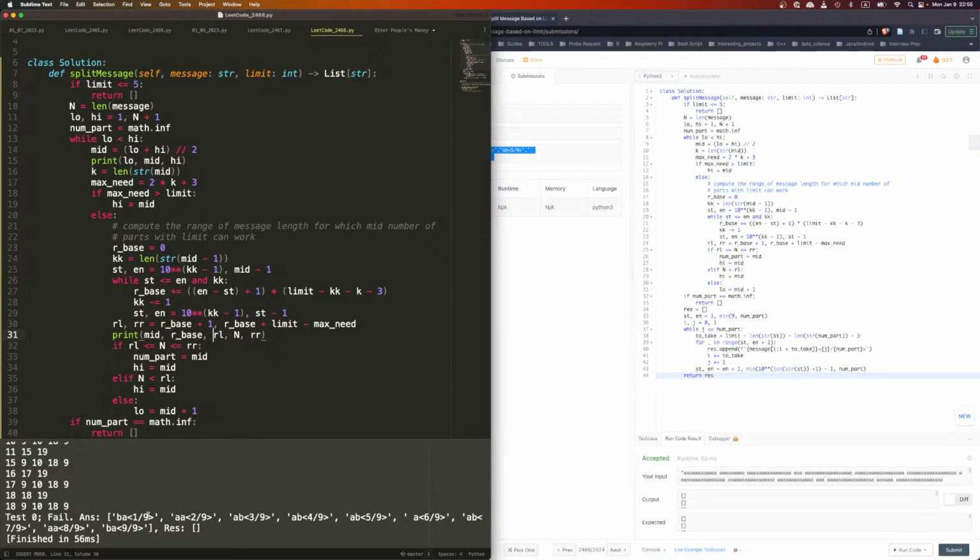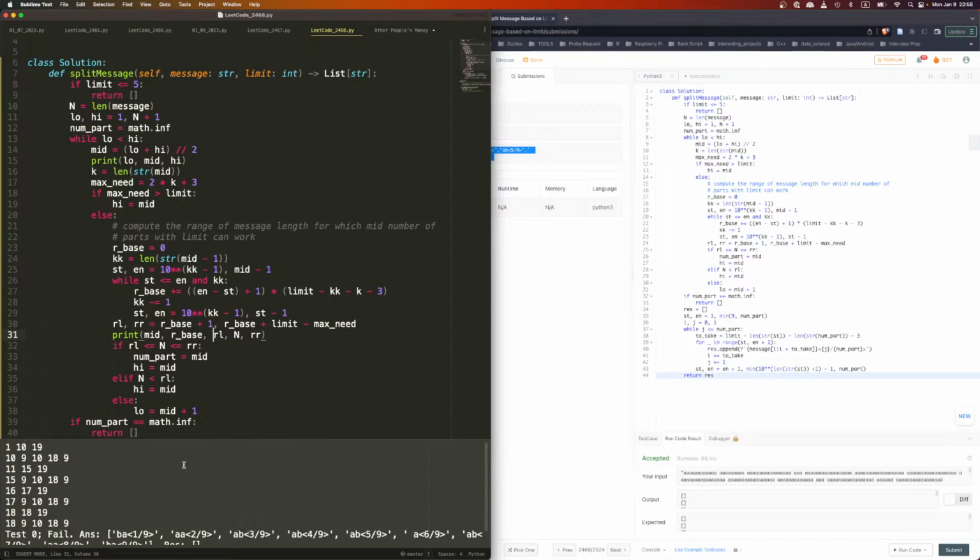So if you do binary search, you have to pay special attention at these junction points, because it's 10 and 10 does not work, right?